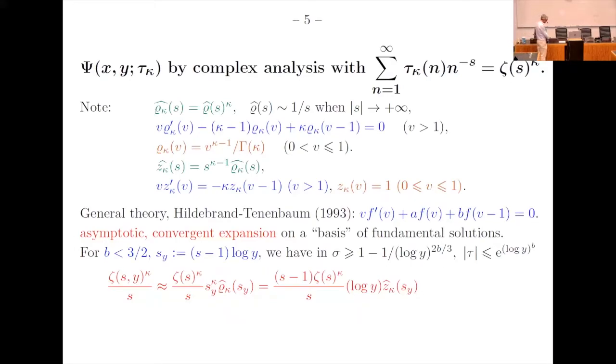So I will present more results. Now I will look at the same problem, but when you replace 1 by tau index kappa. Tau index kappa, of course, is defined by the fact that the Dirichlet series is the power of zeta of s, and kappa here is a positive real number.